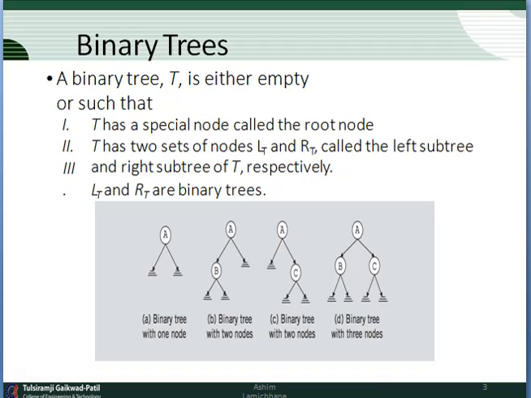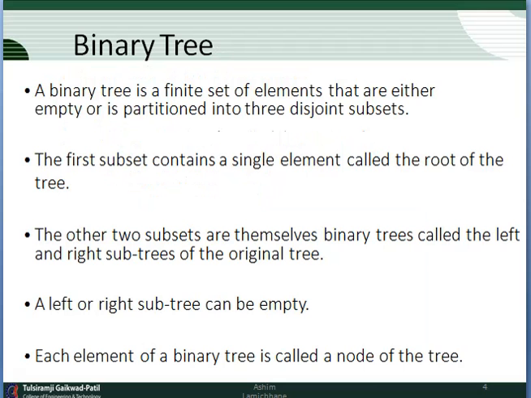LT and RT are also binary trees, because they also have no more than two children. At most they have two children. That's why it is called a binary tree.